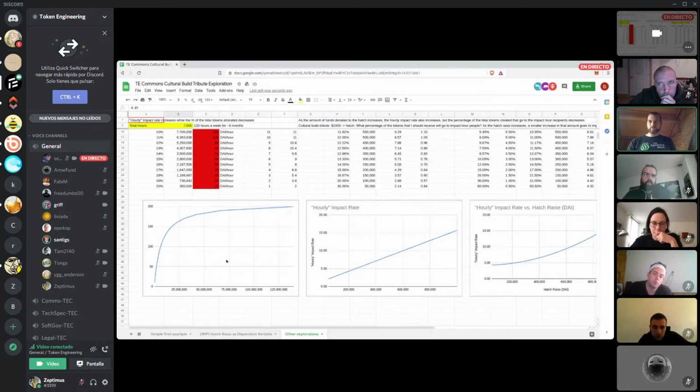To have the equation, and I may be wrong, but I think the only input we need to create that equation is the maximum amount of DAI we want to give if we reach the max cap, and the amount of DAI we want to give if we reach the min cap. If we have those 2 points, we are set.